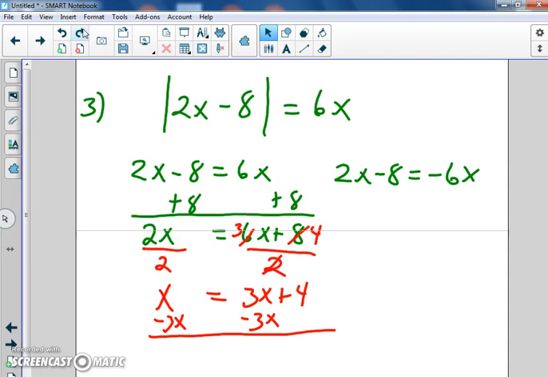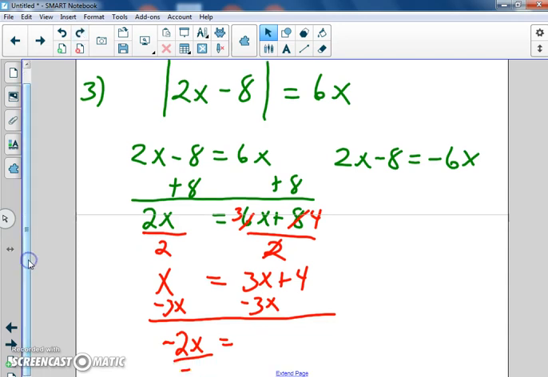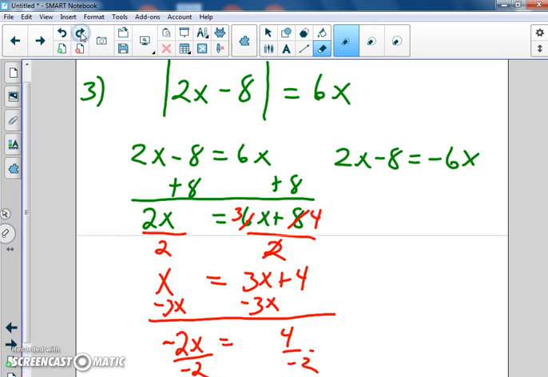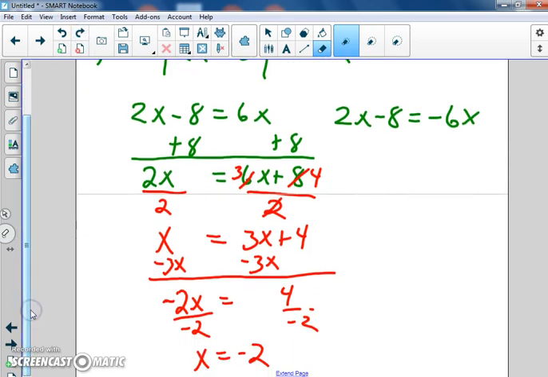Now subtract 3x from both sides. You should get -2x equals 4. Now divide both sides by -2. X should equal -2. There's one answer. Let's go to the second question.